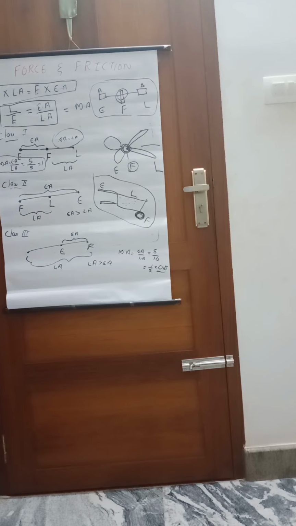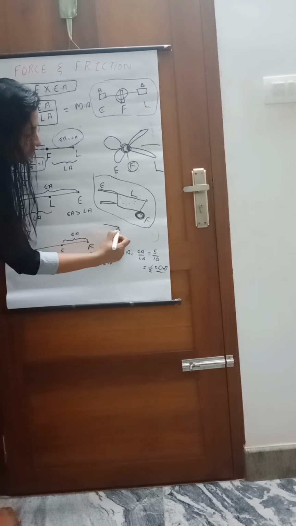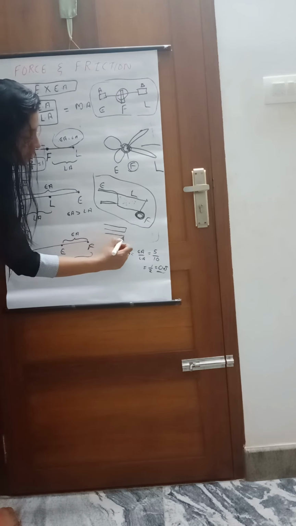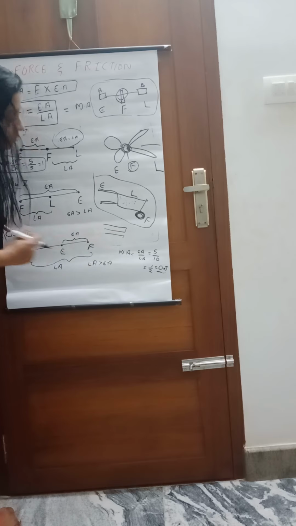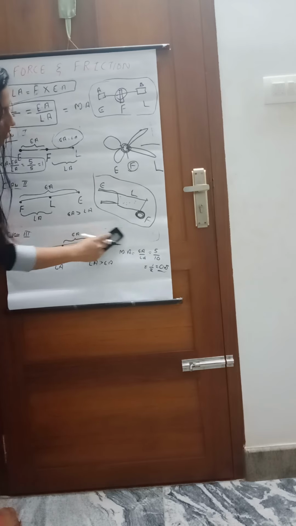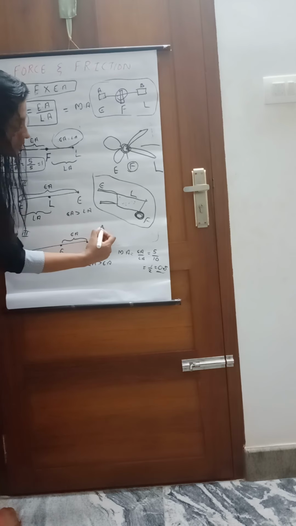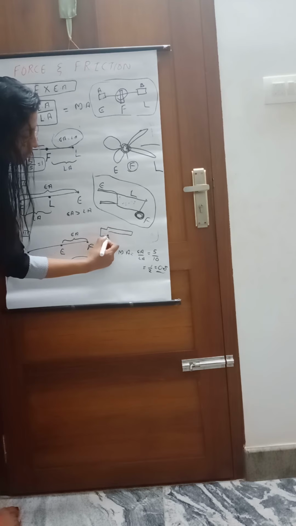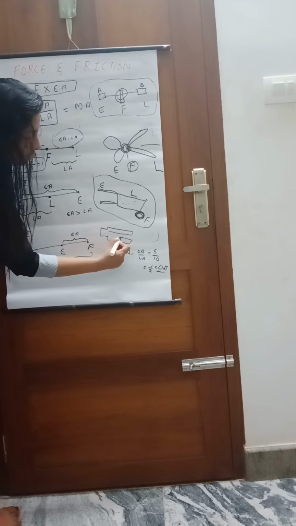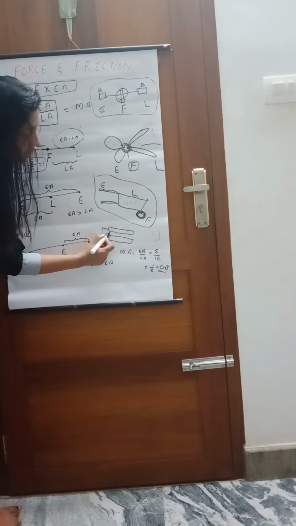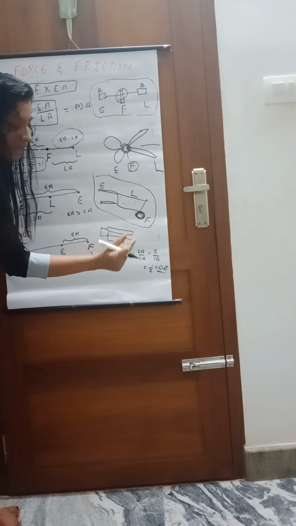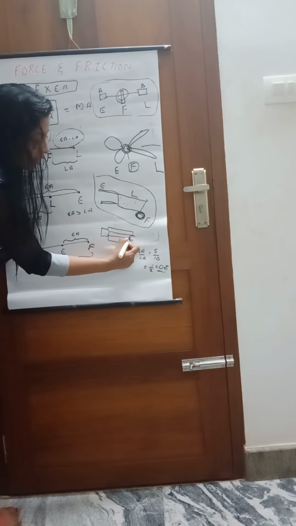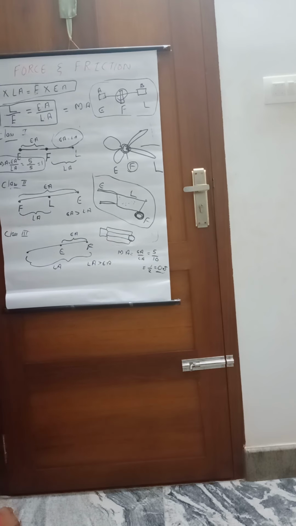This is the example. Next one is that we know about ice tongs, the ones we use to hold things. If you want to press anything, it will look like this, something like this. If you want to take some ice cube or anything, it will be in between this, right?